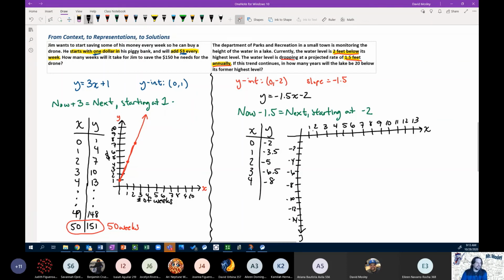We start at -2. I'm going to go to 2 and -5, using the nice whole number ones, 4, -8. And that's going to give me enough to draw the line.